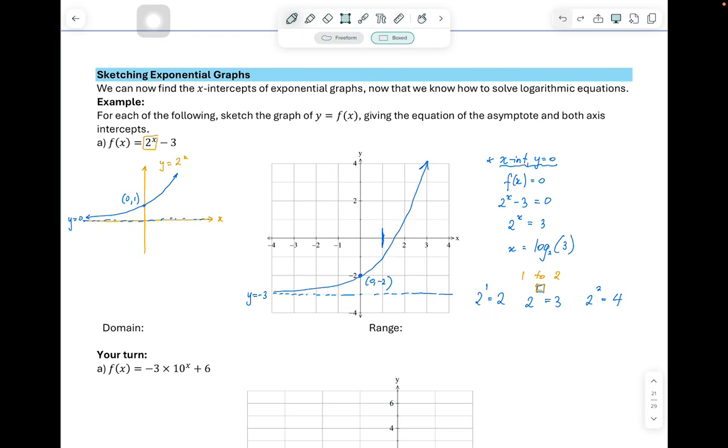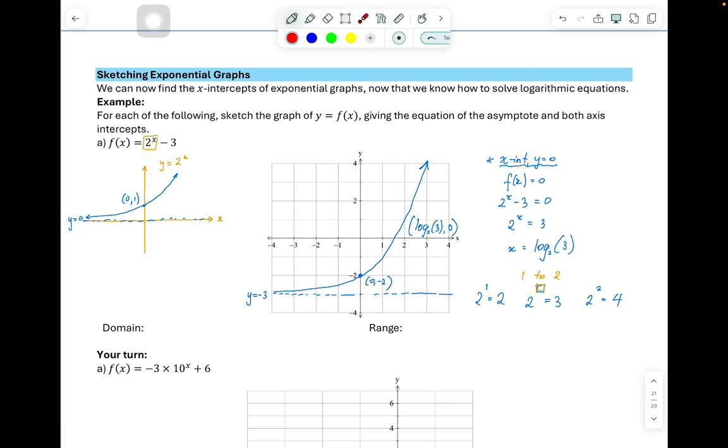However, this graph here was sufficient, and all you would have to do is substitute in the value of log base 2 of 3 and 0. And that's it. We've got our asymptote equation, we've got our y-intercept, and we've also got our x-intercept.